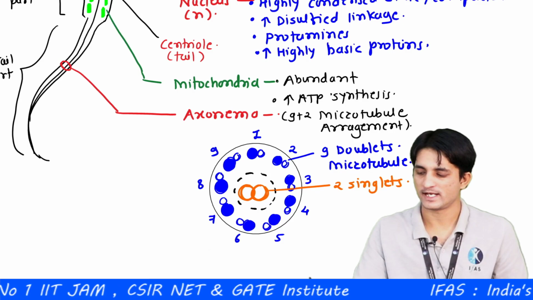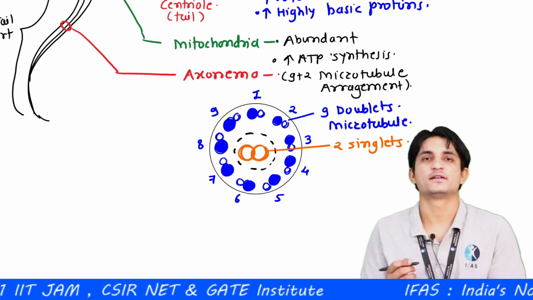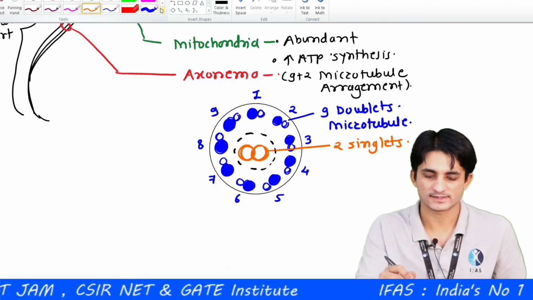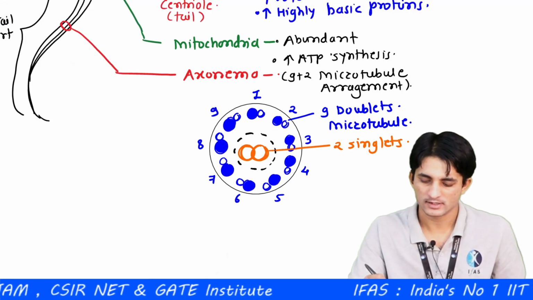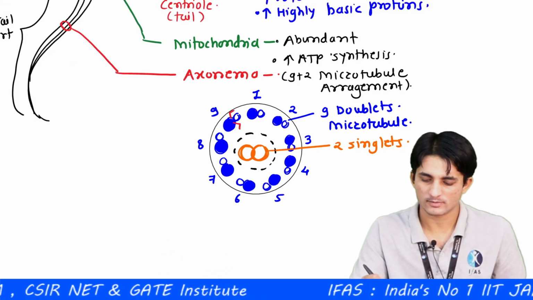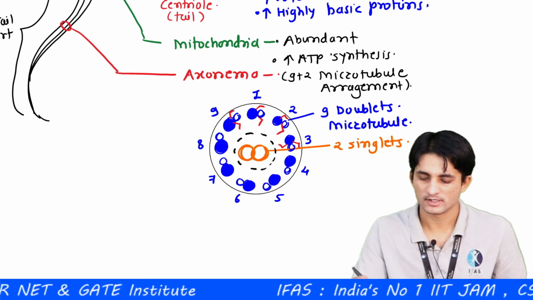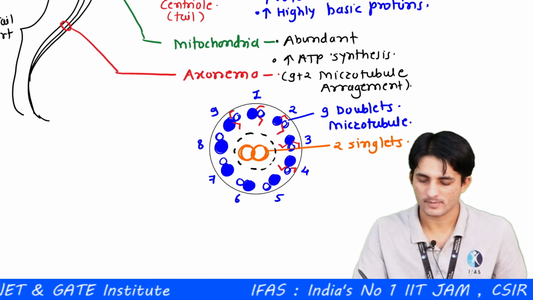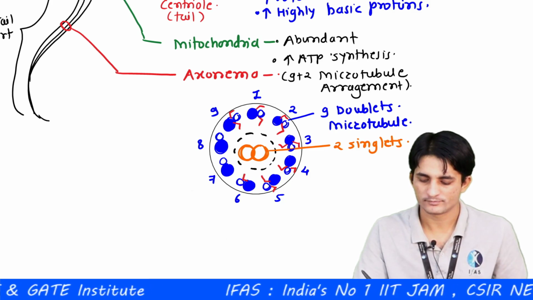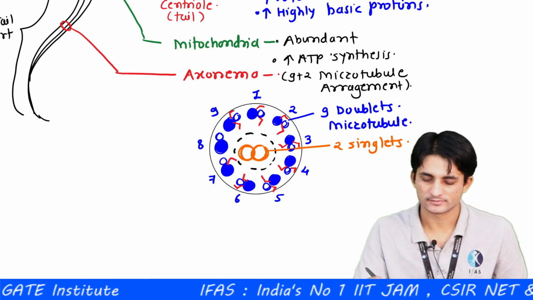The 9 doublets have 2 arms, that is the outer arm and inner arm. So there is the presence of dynein. This is the outer arm and the inner arm of dynein.